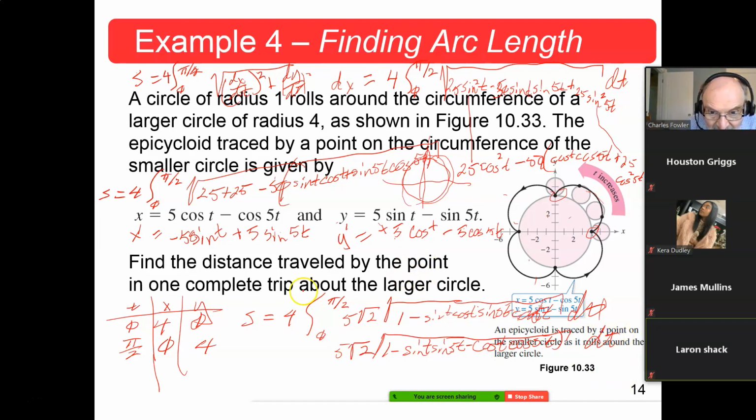I left off my sign in between, sorry. 4 times the integral from 0 to pi halves of that. Now, again, that's really, really messy, except for what they call the difference formula for cosine.